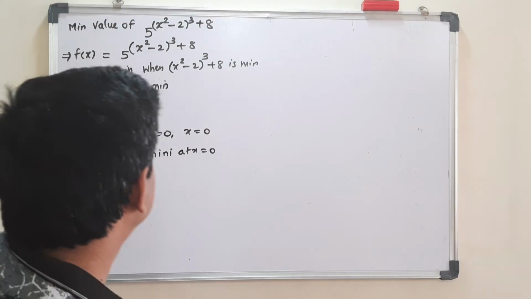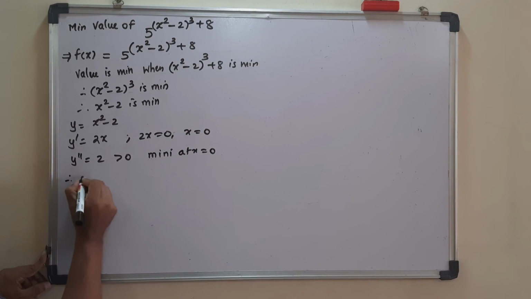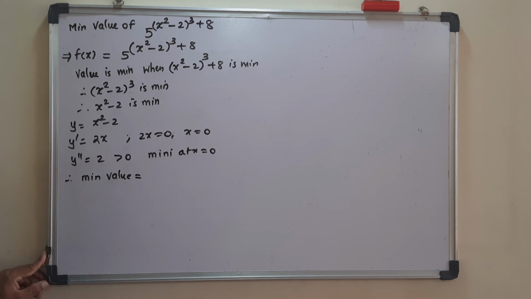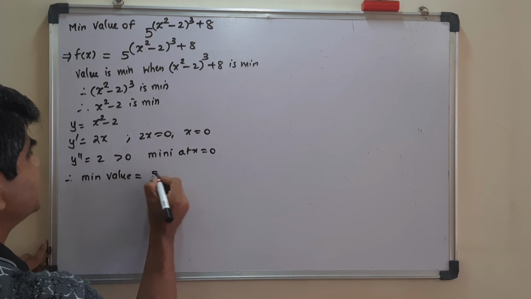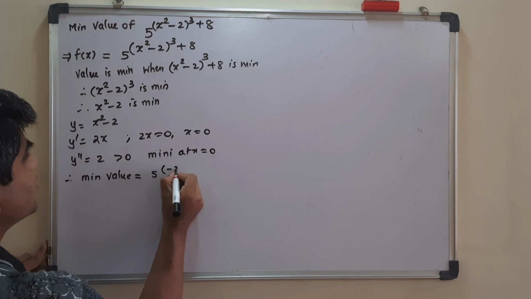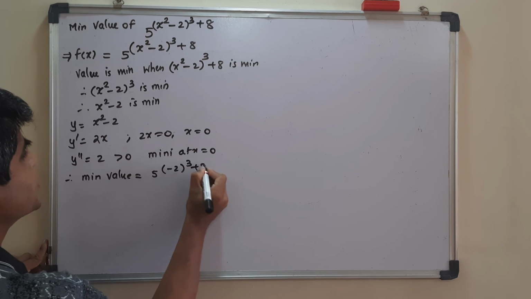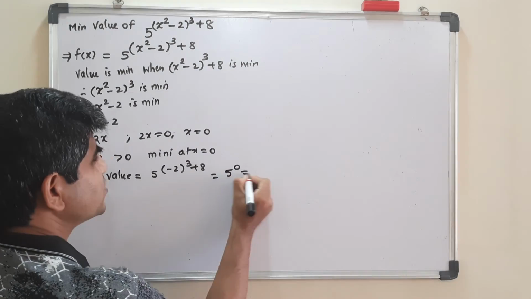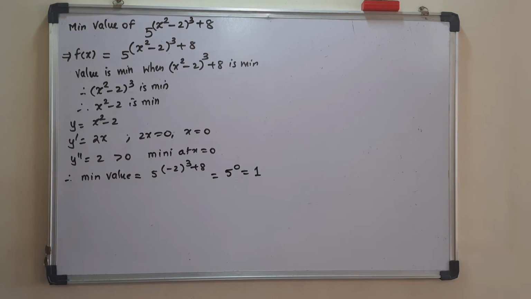So obviously the minimum value will be 5 raised to (minus 2) cube plus 8, that is nothing but 5 raised to 0, and that is nothing but 1. So the minimum value over here is 1.